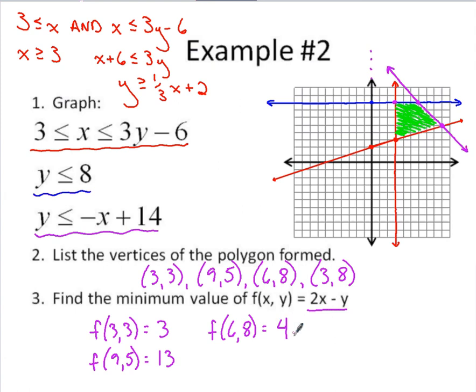And 3, 8. Now let's see here, it'd be 2 times 3, get 6. Minus 8, get negative 2. So the minimum value of this function will be the smallest value we got back. That smallest value we got back, negative 2.